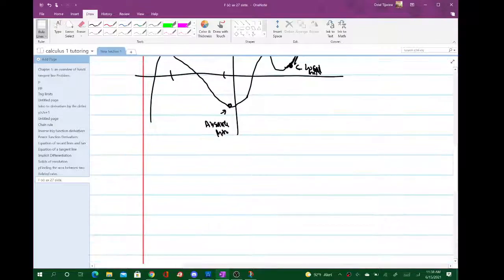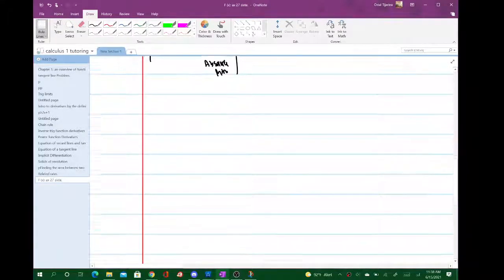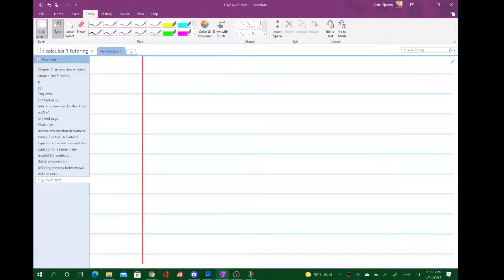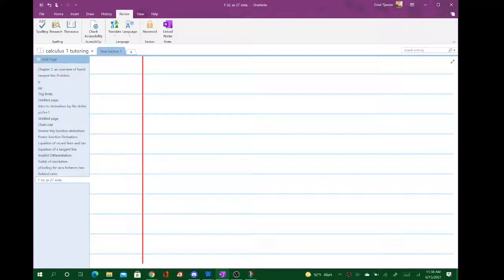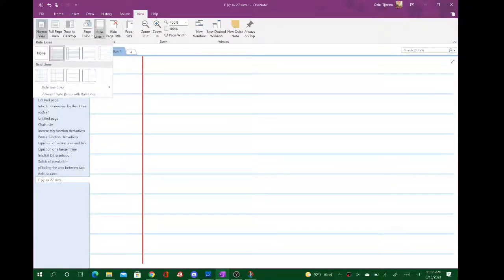However, in calculus, we want to be able to find not just the local maximum and minimum of a quadratic function, but also all extrema of other curves like y equals x cubed, all those kinds of curves.